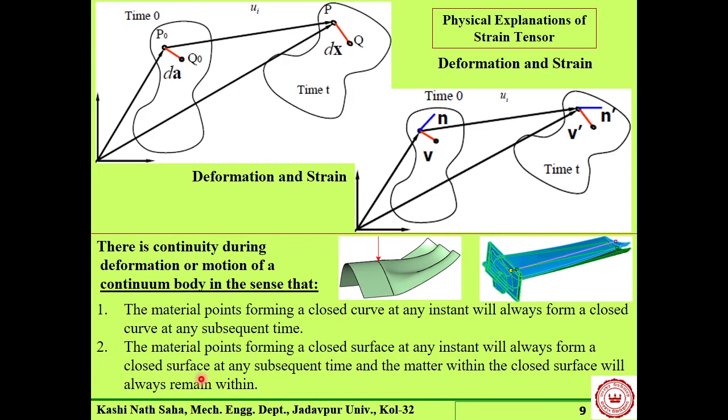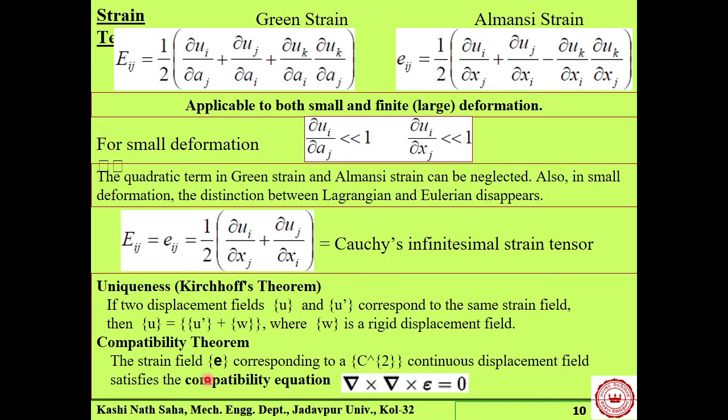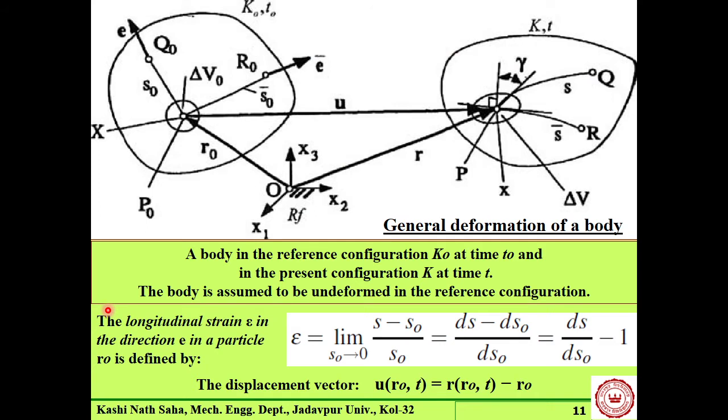The material points forming a closed curve at any instant will always form a closed surface, and matter within the closed surface will always remain within. So what does it mean? The material points which are enclosed within this circle have to remain within this deformed elliptical shape. Understand?